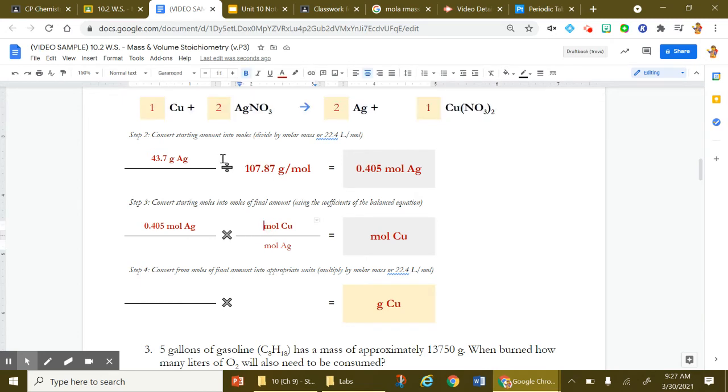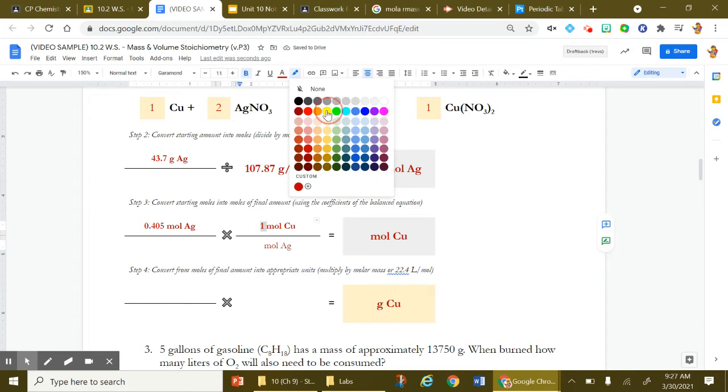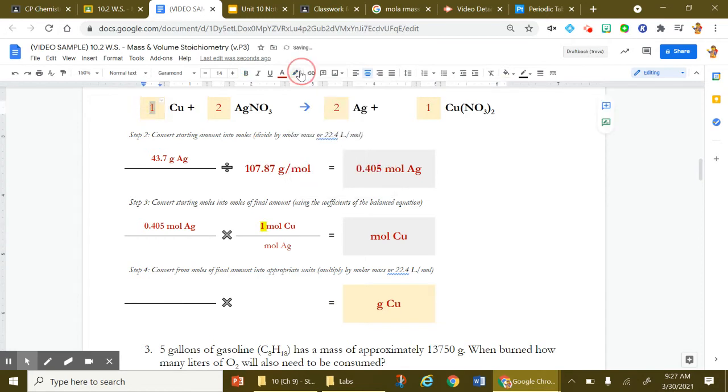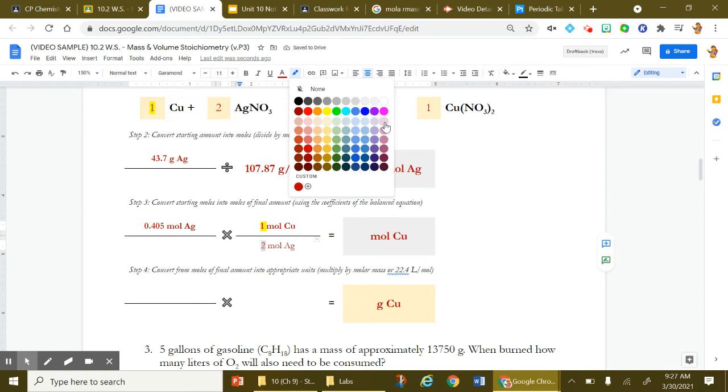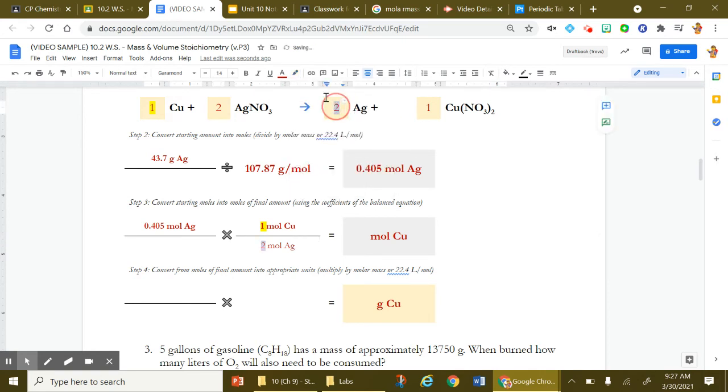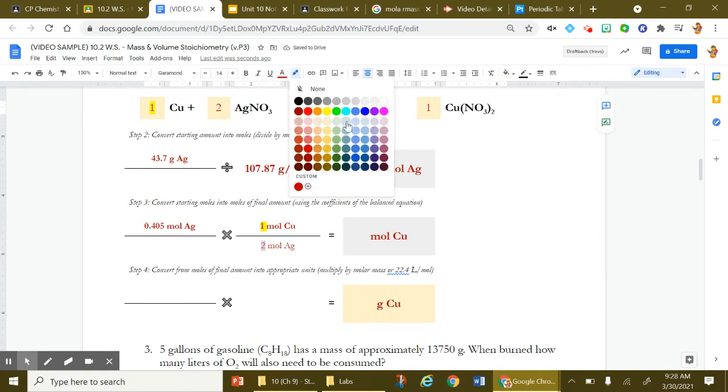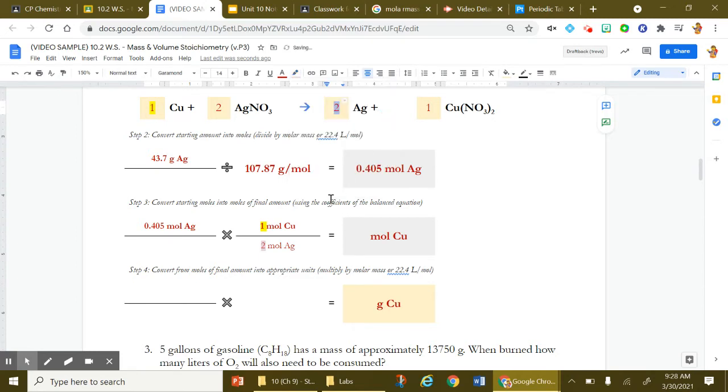The number that goes with the copper is 1, because that is the coefficient of copper from the balanced equation. And for silver, it's going to be 2, because the coefficient for the silver is 2. For every 1 copper consumed, we produce 2 silvers. So 1 copper gets us 2 silvers.